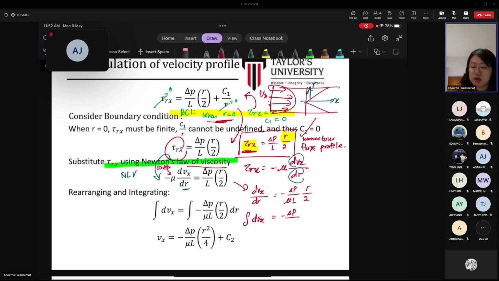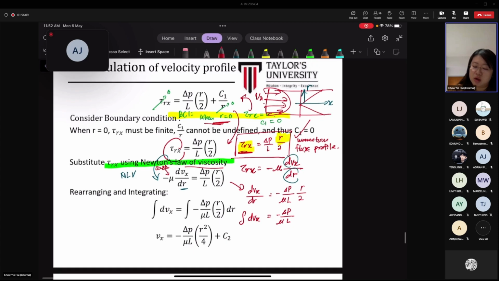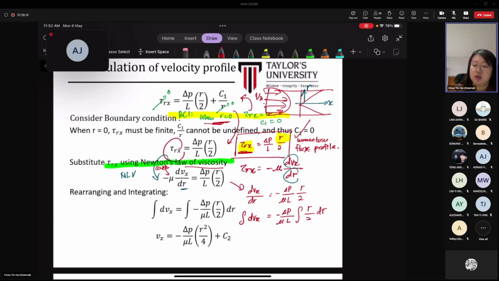The pressure drop, viscosity, and length of pipe are constant values, right? You can factor out the 2, or it's also fine if we proceed like this. So we integrate it, then we get Vx equals negative pressure drop divided by mu L times R squared over 4 plus C2.